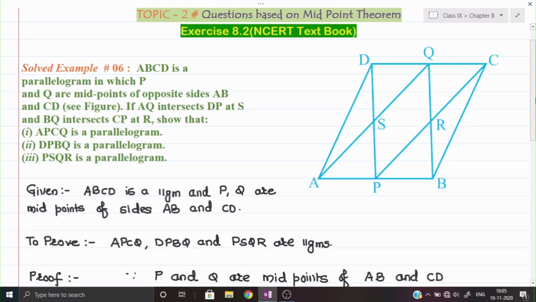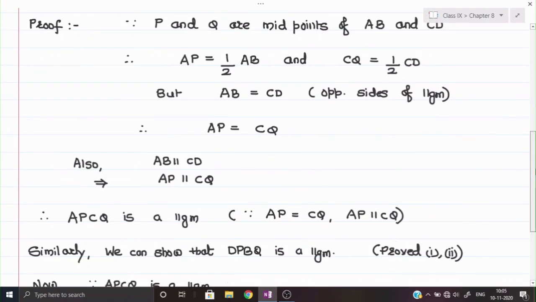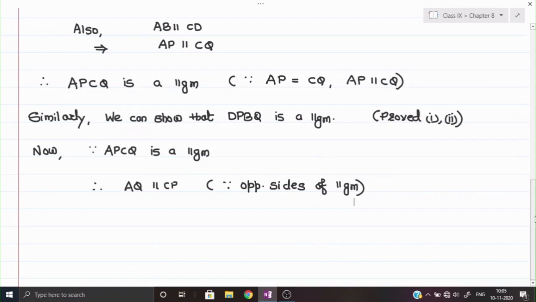So here we have one part SQ, and the other part, of side CP, will be PR. We can say that SQ and PR will also be parallel because they are parts of AQ and CP. Which implies that SQ is also parallel to PR.